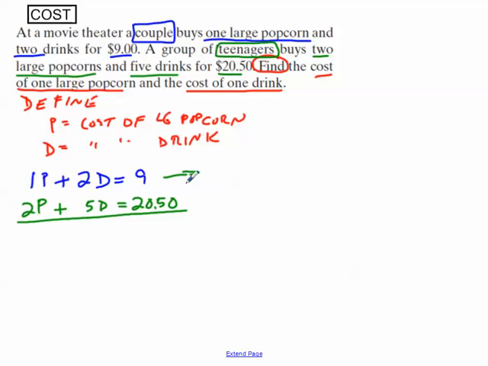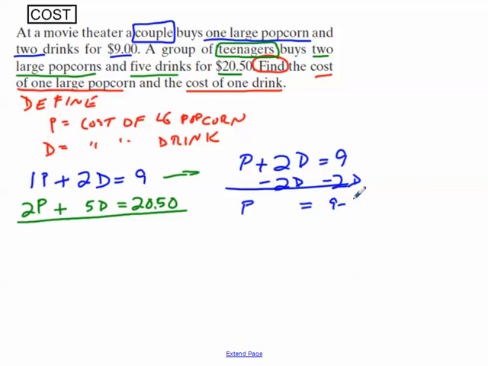So I'm going to modify this: instead of P plus 2D equals 9, let's subtract 2D from each side, and I'll get P equals 9 minus 2D.